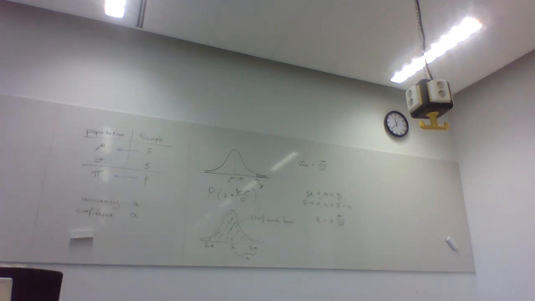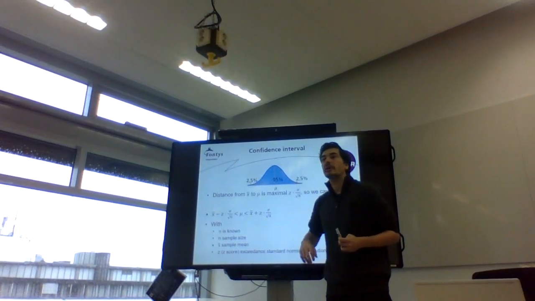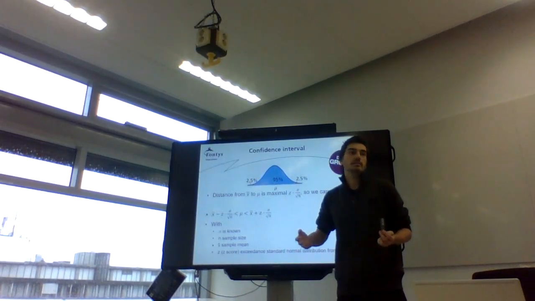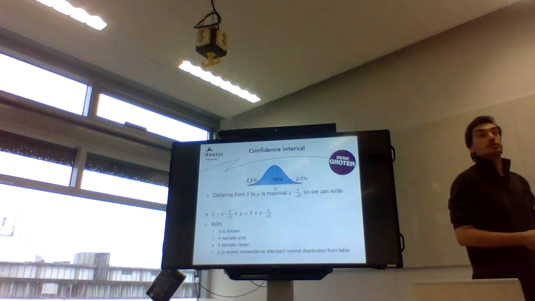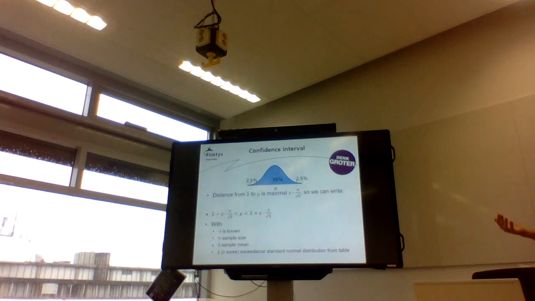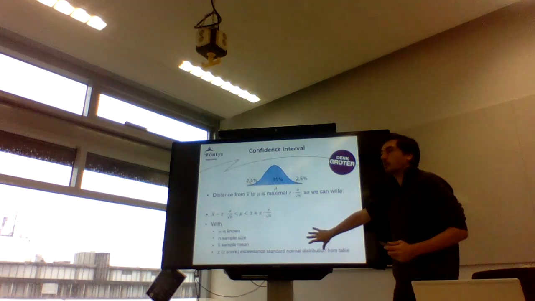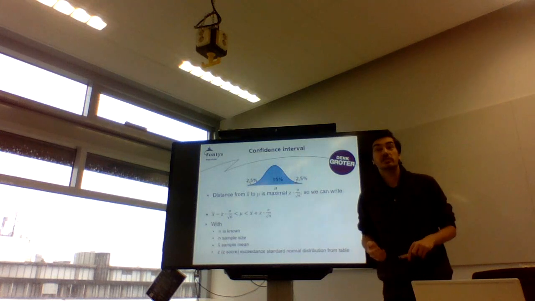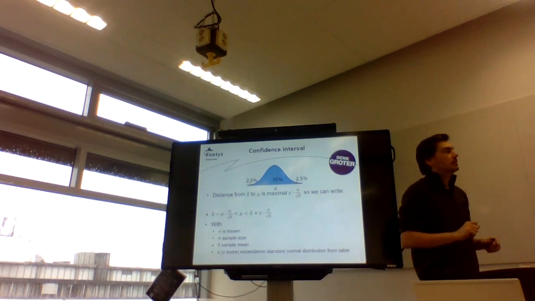We assumed we knew the standard deviation. Standard deviation is known. The amount of people we've asked, or our sample size, is known. And from our data points, we've calculated a sample average. We know how confident we want to be about anything we're going to say. Let's assume that's 95%.